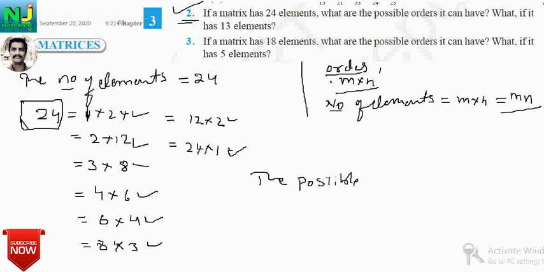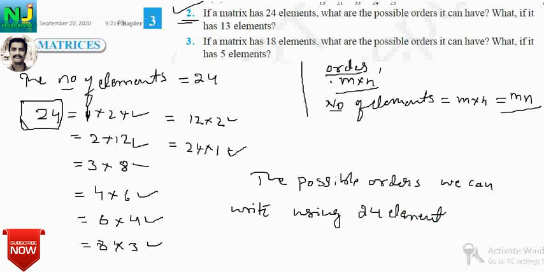The possible orders we can write using 24 elements. Using 24 elements, how many? Already we have calculated. That is 8 possible orders we can write down.